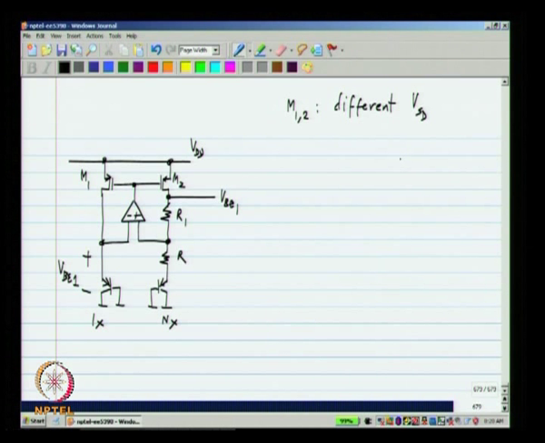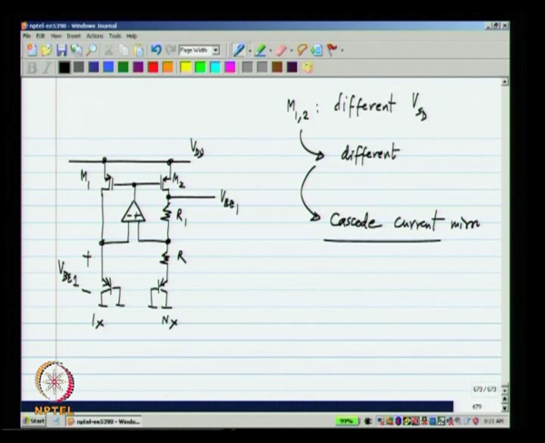So, this means that the currents in M1 and M2 will be different. Now, this will cause some errors in the band gap voltage, as well as make the circuit sensitive to VDD, because as VDD increases, the VDS of M1 and M2 will change in different ways. So, as usual, the way to combat this is to use cascode current mirrors. That is, you make M1 and M2, instead of simple transistors, cascodes.